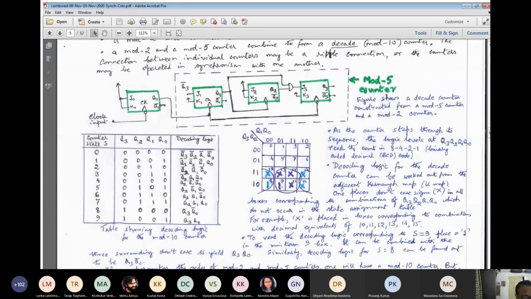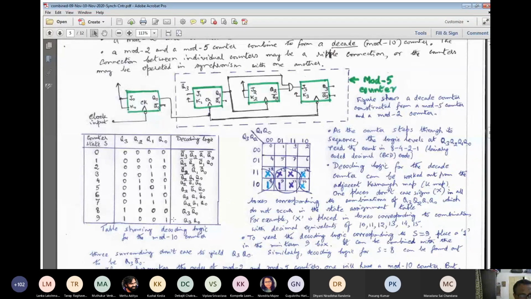For state 8, this will be 1, and the other 8 will be 0. However, with the help of these don't cares, we can combine these 2 and these 2. So in effect, combining the 4 cells, we get the decoding logic for state 8 to be Q3 AND Q0 bar. So you can work with 2 input AND gates.